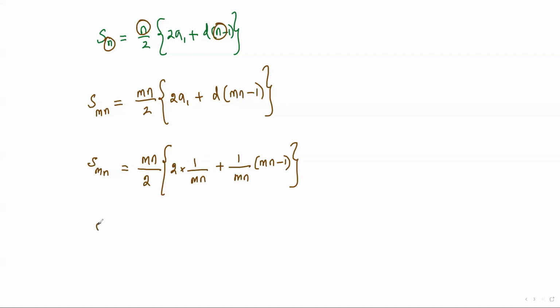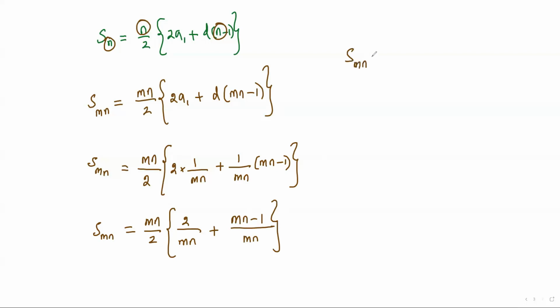Okay, now what we need to do is simplify everything. So mn over 2. So 2 times 1 is 2. So it will become 2 over mn plus 1 times (mn minus 1) will become (mn minus 1) over mn. So S_mn equals mn over 2 times (2 over mn plus (mn minus 1) over mn).